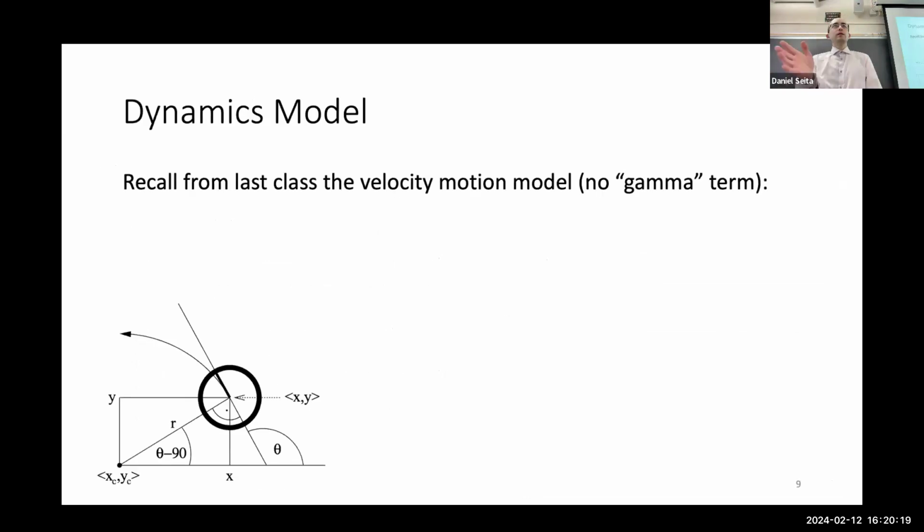Question? We're given features or identified features? So I think your question is, what is given in the map? Is it the full geometry information?